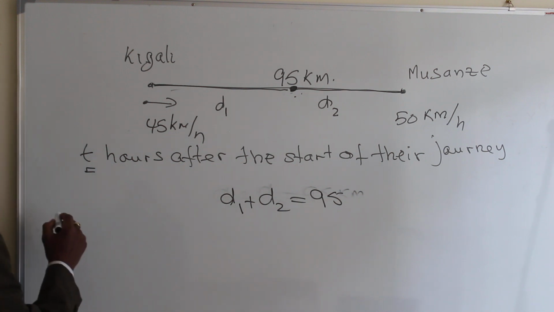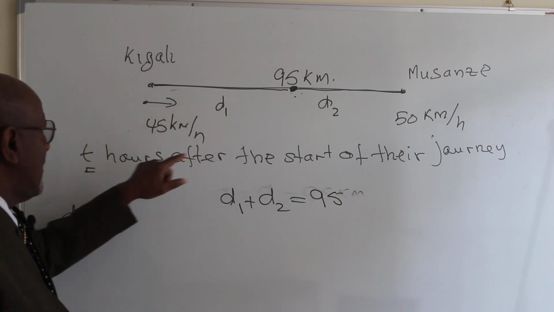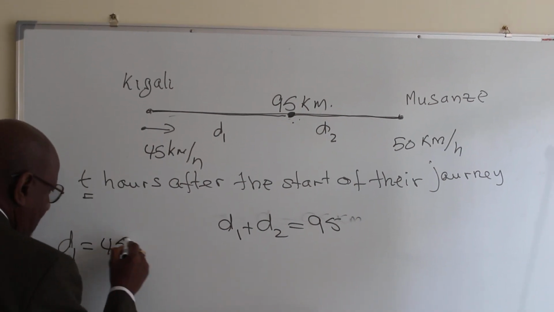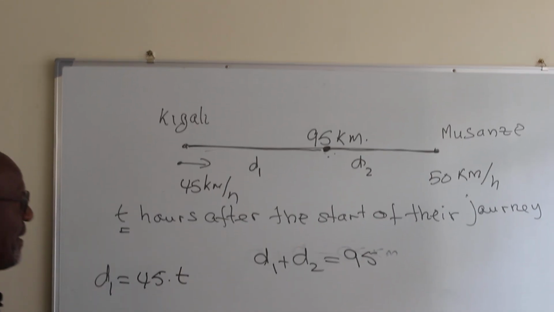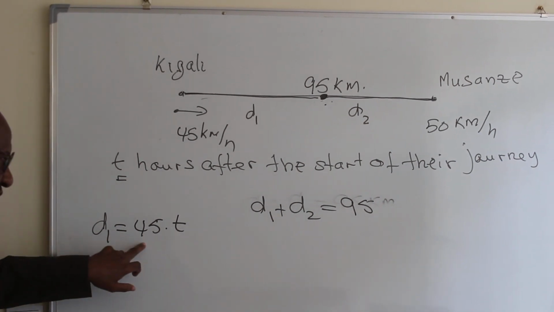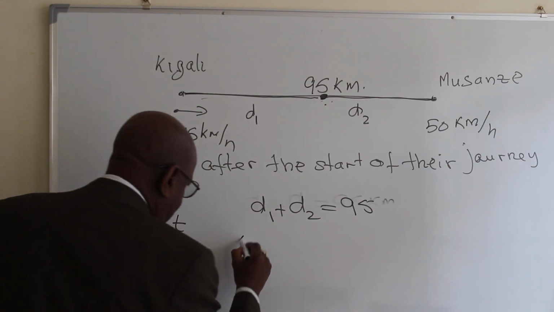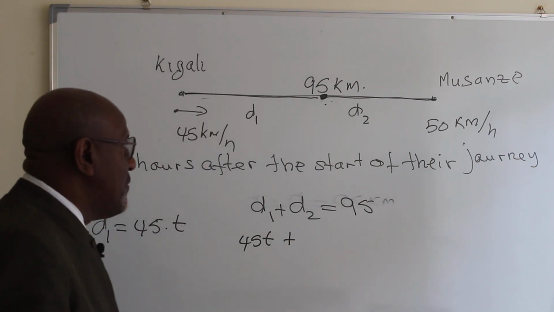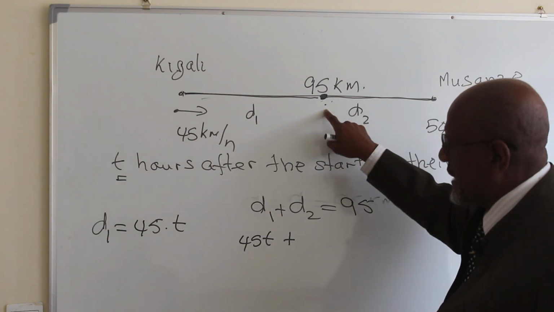D1 would be equal to the rate, 45 kilometers per hour, multiplied by the time it takes to meet, because distance traveled is the rate or speed multiplied by the time. So our D1 is 45t.